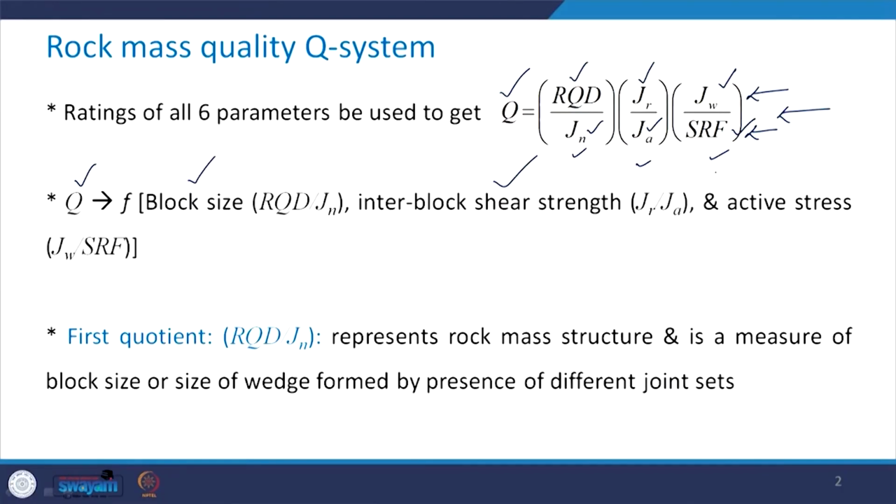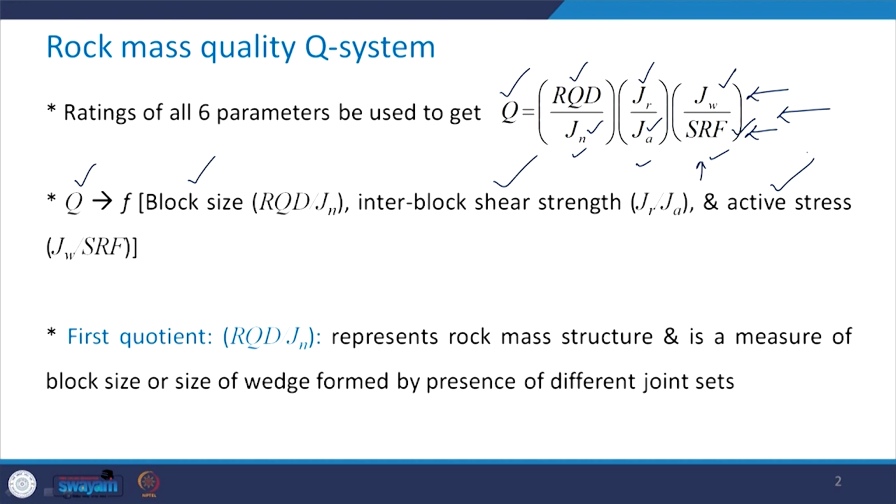So depending upon the condition of the joint, the shear strength will be decided. That is why the second quotient decides the interblock shear strength, and the third quotient, that is Jw upon SRF, deals with the active stress.